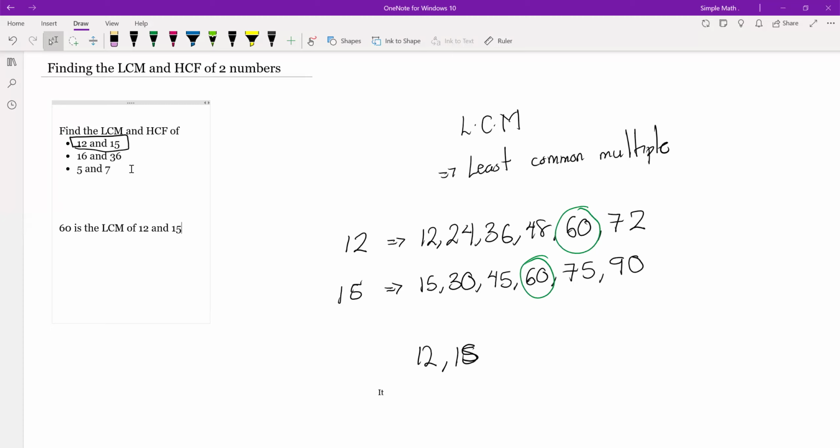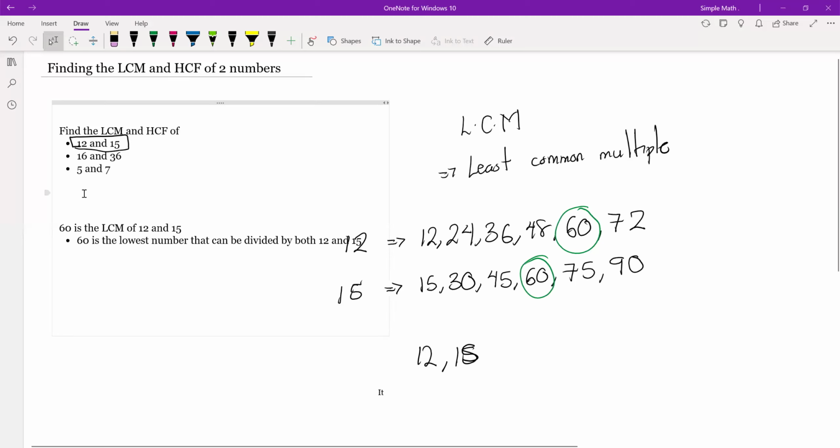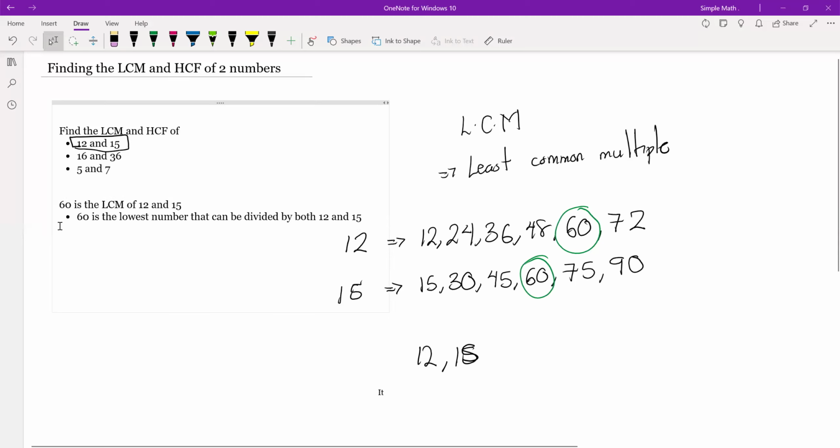So 60 is the lowest number that can be divided by both 12 and 15.